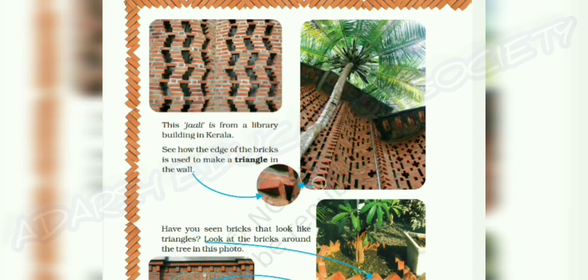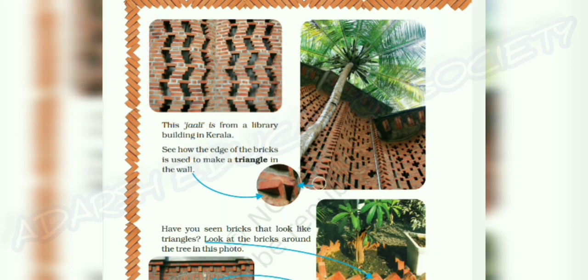Now on the next page, this Jali is from a library building in Kerala. Here in this picture you can see the brick patterns. Here they give us brick patterns for walls. This is made by bricks, right?